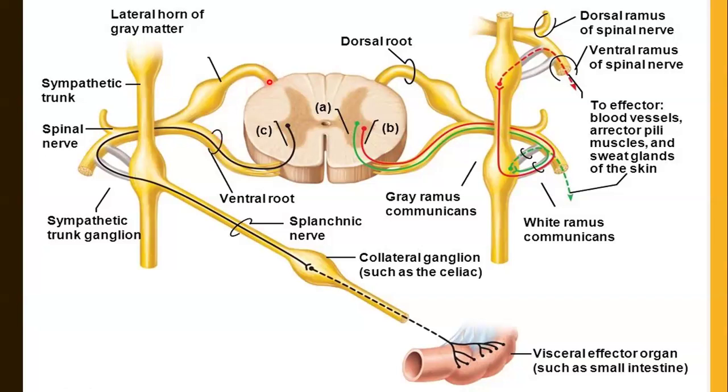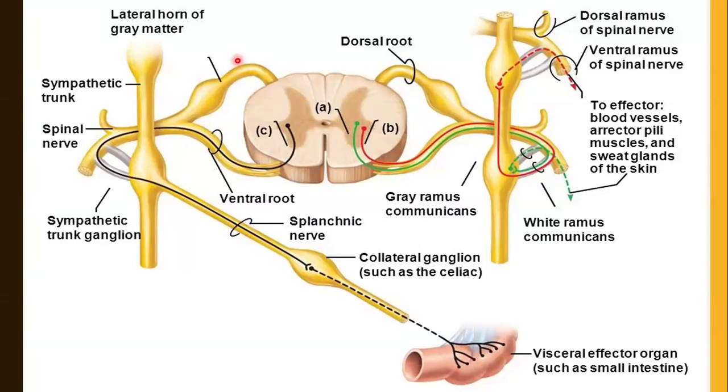The dorsal rootlets, on the other hand, carry sensory neurons that enter the spinal cord. These sensory neurons will be structurally pseudo-unipolar neurons, having their cell body around there, known as the dorsal root ganglion, and the central processes of these neurons entering.